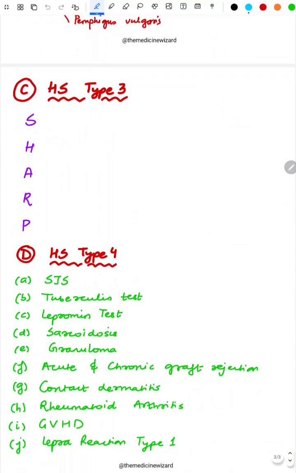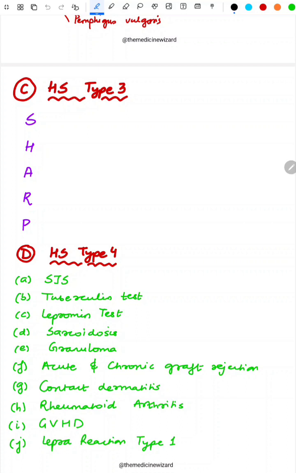Okay, let's move forward. Now for type 3 hypersensitivity reaction, you can learn the examples with the mnemonic SHARP. So let's decode this also. S for serum sickness, and S for SLE.